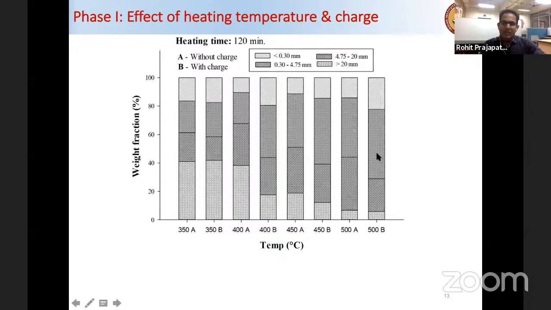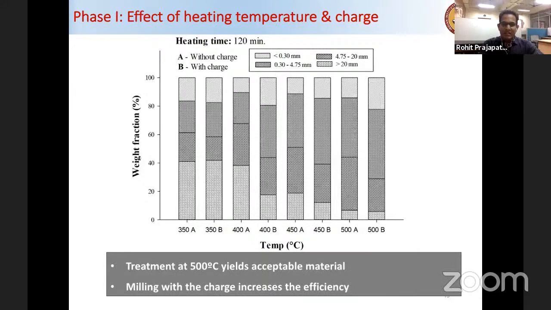And between the two cases, where A is for without charge and B is for with charge, where we have put steel balls along with the concrete feed during the milling process, you can see in the milling with charge, we generate more fines because we are cleaning more and more aggregate. So with this, we conclude that treatment at 500° C yields acceptable materials, and milling with charge, of course, increases the efficiency and generates more fines.